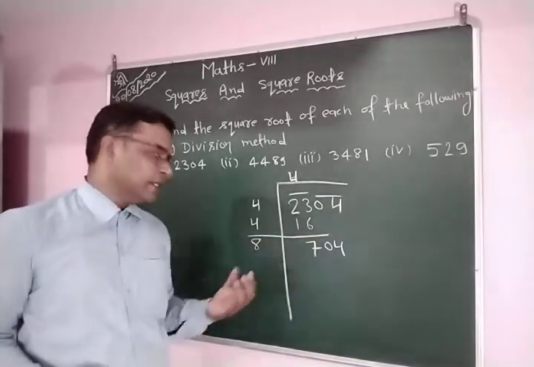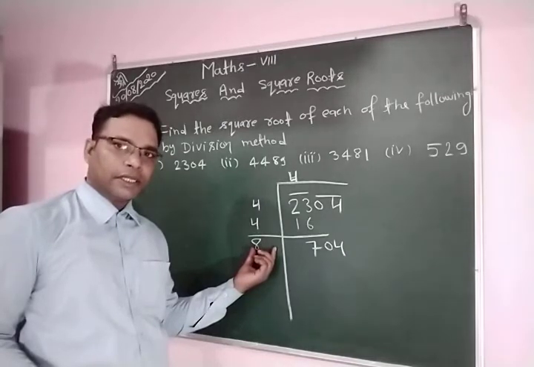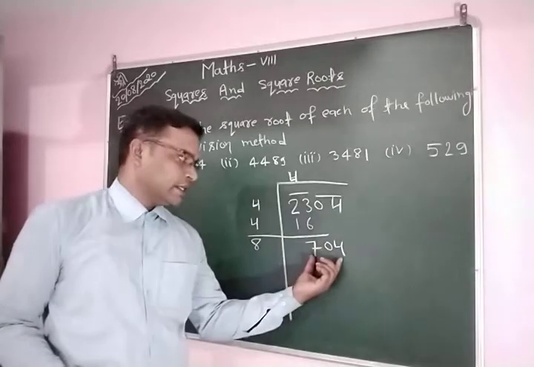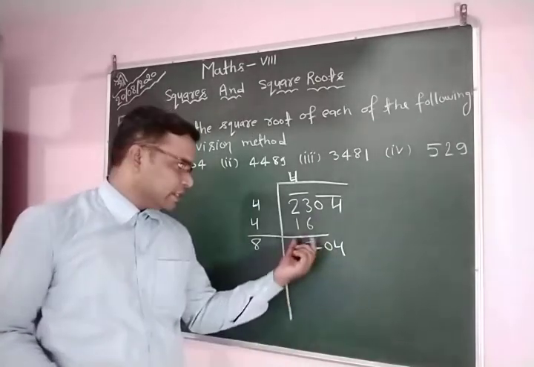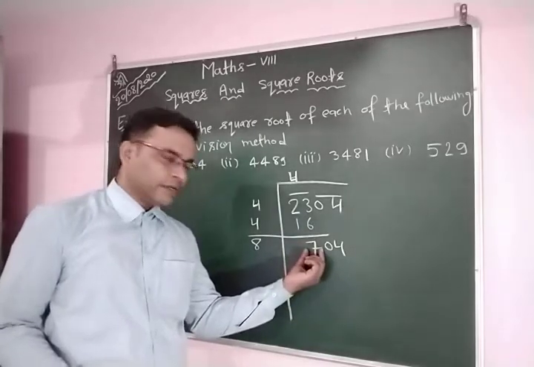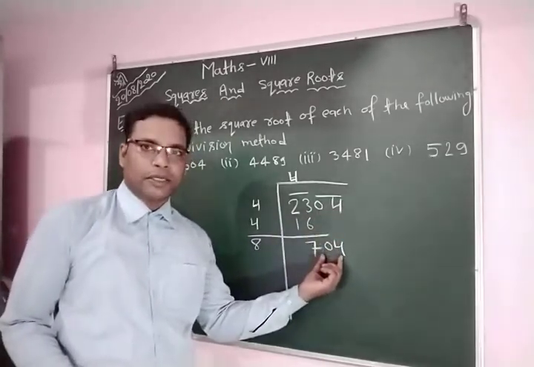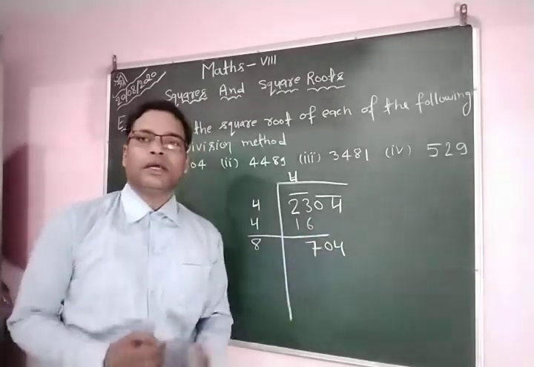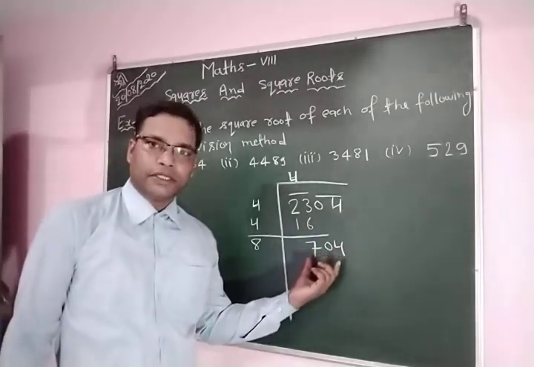We multiply with the given divisor so that we obtain 704 or less than 704. 7 is our remainder. When we bring down the next pair, 04, this becomes the new dividend.